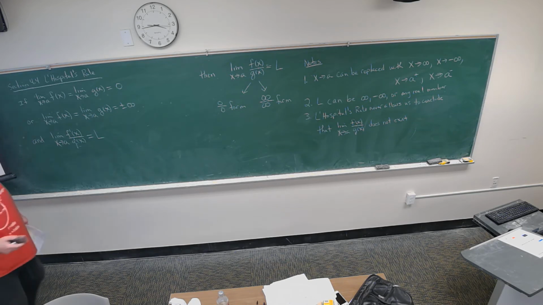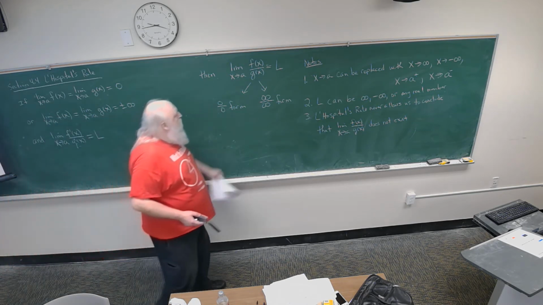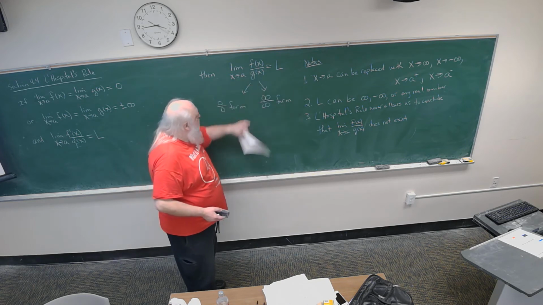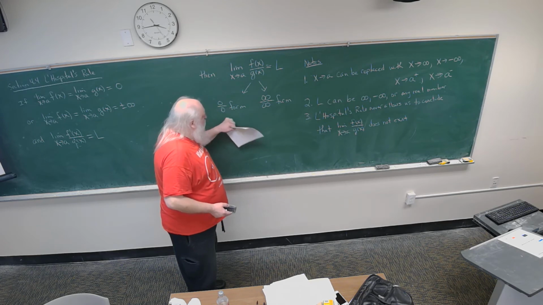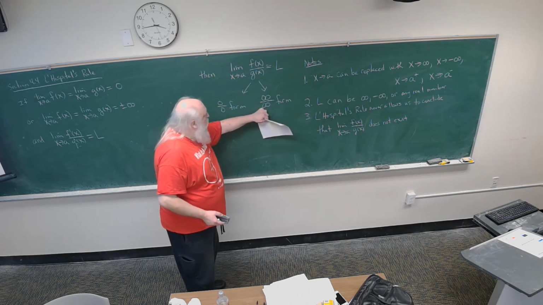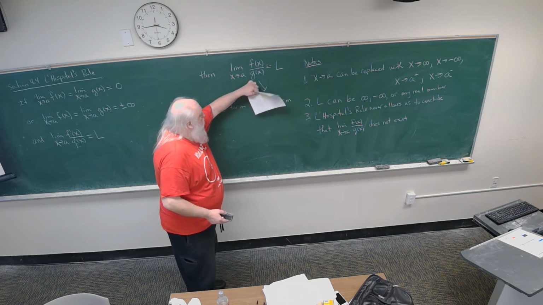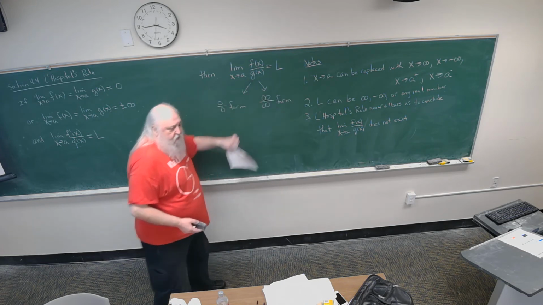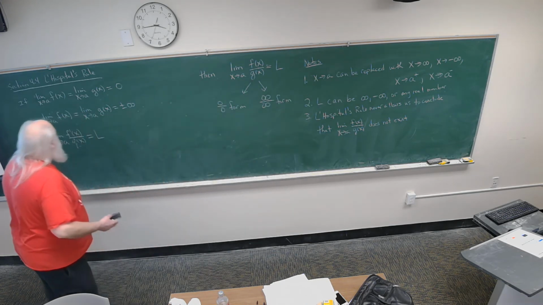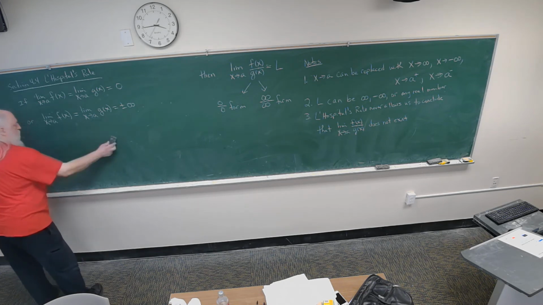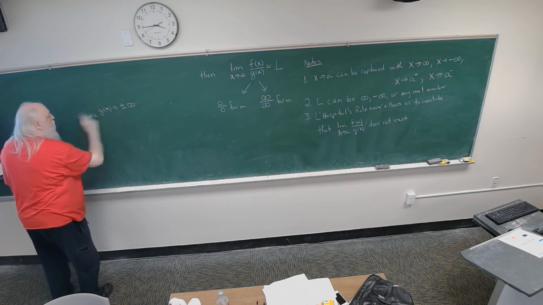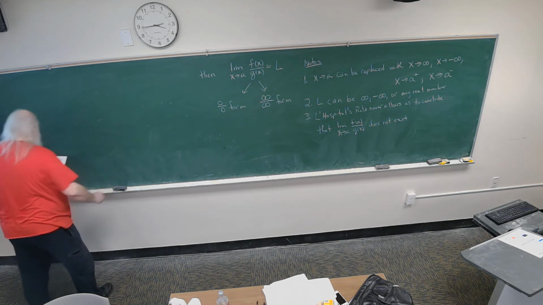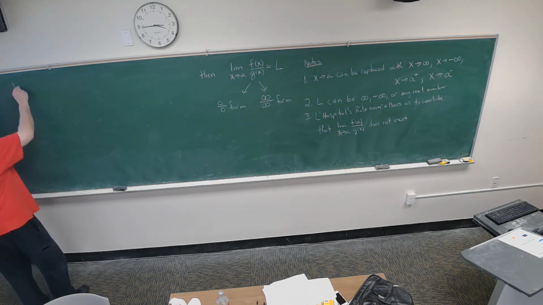So with L'Hopital's rule, we're taking a limit of f of x over g of x. If it's in 0 over 0 form or infinity over infinity form, L'Hopital's rule allows us to still evaluate that limit. In short, I'm going to leave this up here.